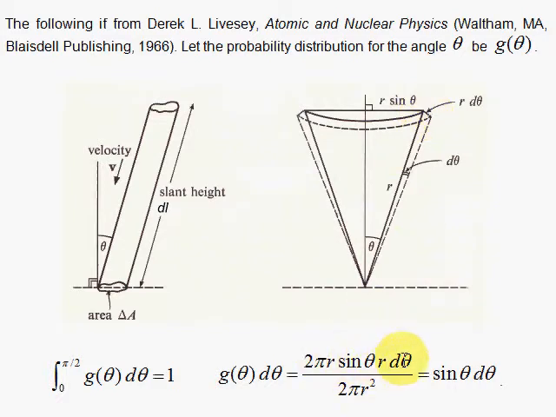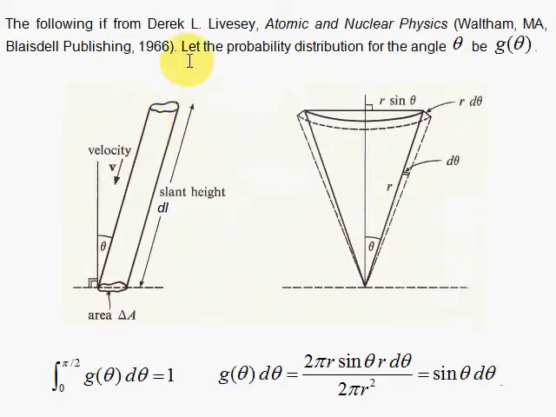And that area, when I divide by the area of the hemisphere, which is 1/2 of 4 pi r squared, because 4 pi r squared is the surface area of a sphere, I then get a nice cancellation of 2's, pi's, r squared, and I get sine theta d theta. Now, this sine theta d theta will give me the probability that the angle of the slant will match the slant that I have here.